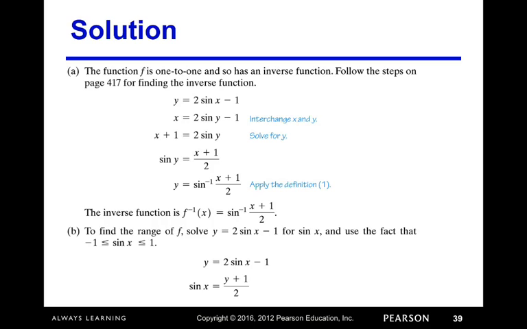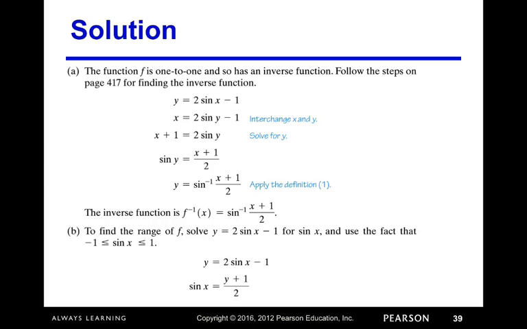This is a 1-to-1 function if we again restrict the domain. So we have y equals 2 sine x minus 1. We're going to swap our x and y: x is equal to 2 sine y minus 1. Then you solve back for sine of y.